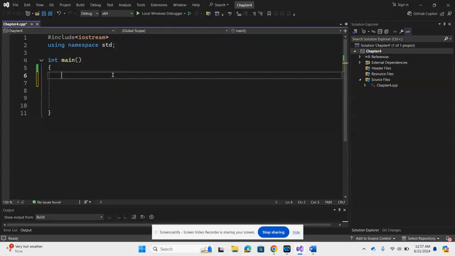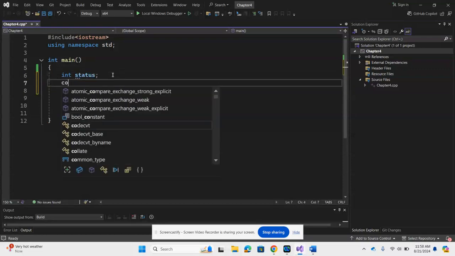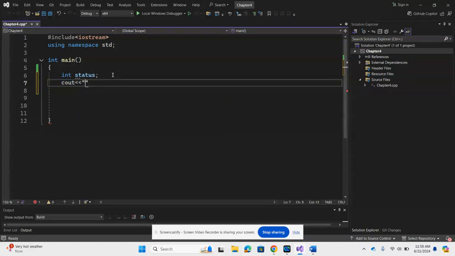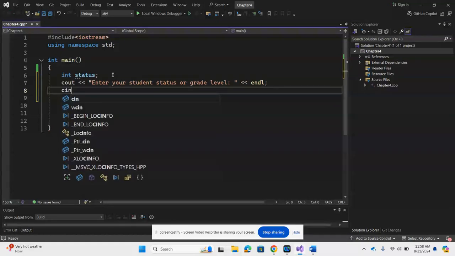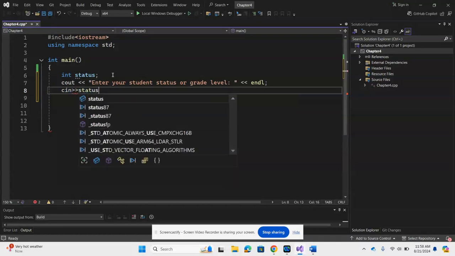So let's assume that we have a variable of type integer or string, and then we're going to call it status, like status of the student. And then we're going to prompt the user, enter your student status or grade level, for example. And then we're going to save it in status.